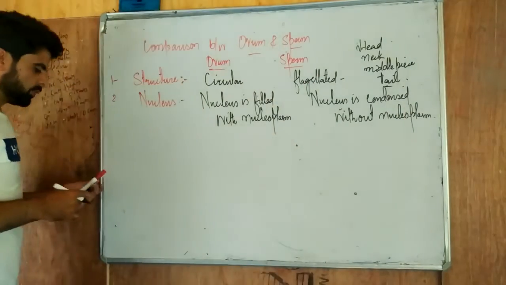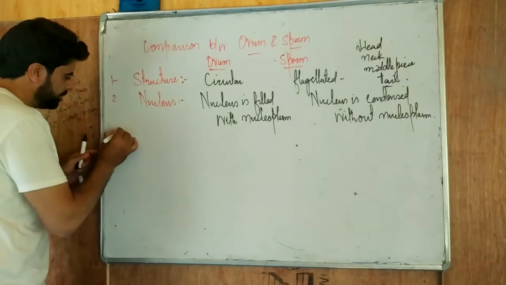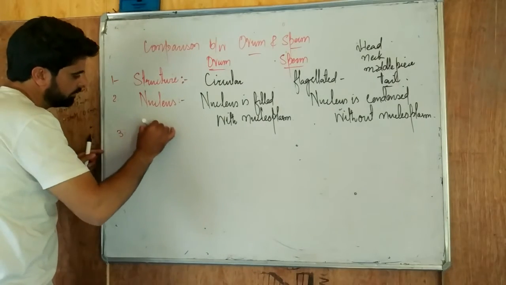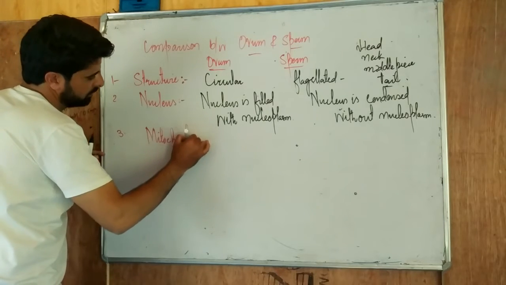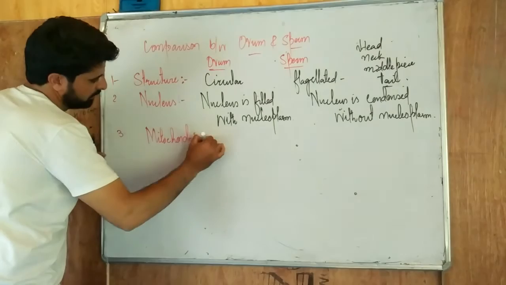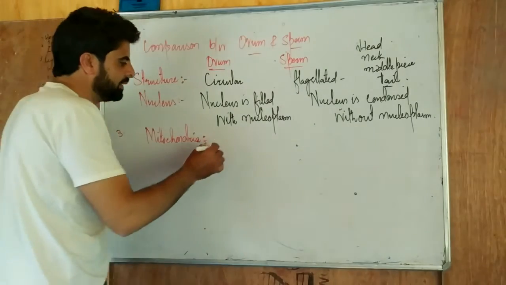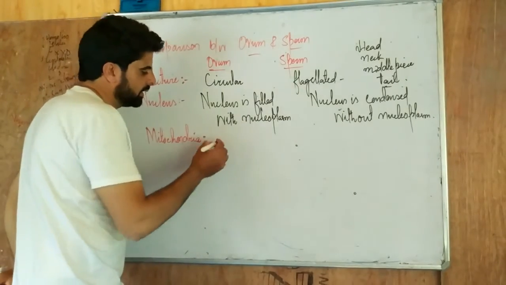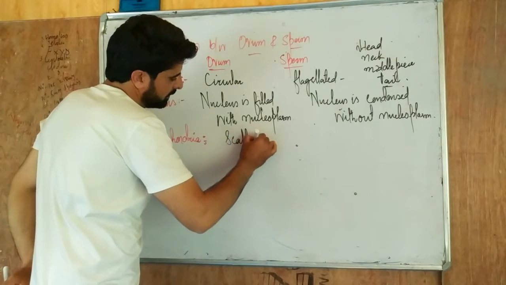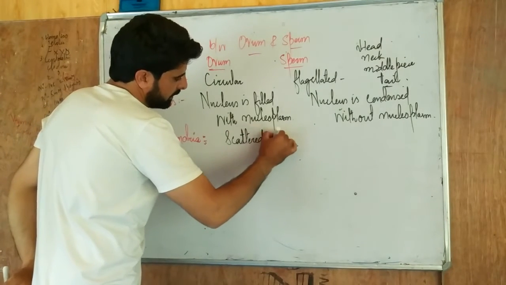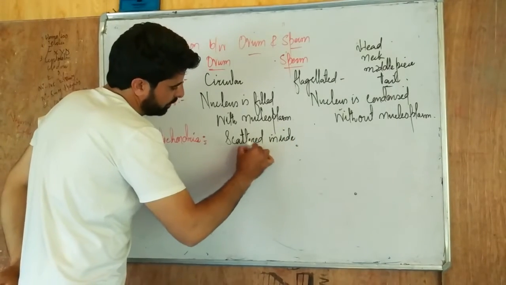Now one more difference we have in case of ovum and sperm, that is the mitochondria. Mitochondria in case of ovum are scattered inside the ooplasm.